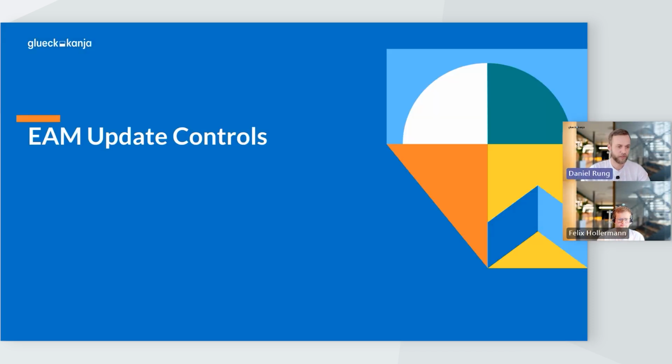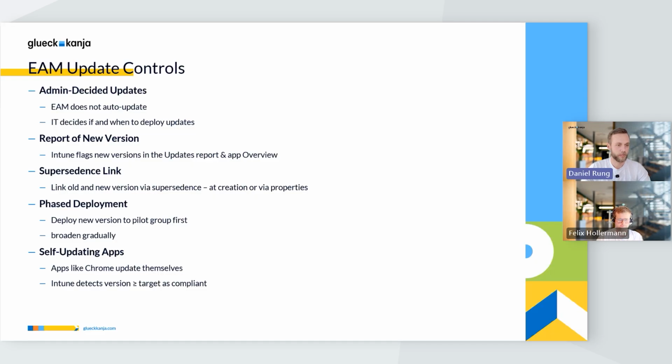Thank you, Felix. Thank you for the demo. Now Felix added an application to Intune via ARM, but what are the update controls we have here? If you switch to the next slide, any application which gets an update from the manufacturer, Microsoft will pick up, I think, no longer than 24 hours after it's updated.